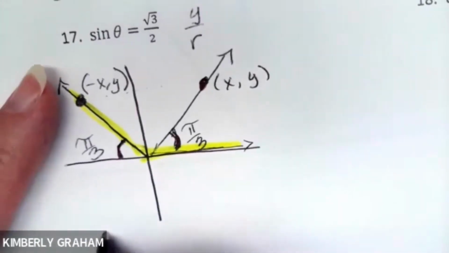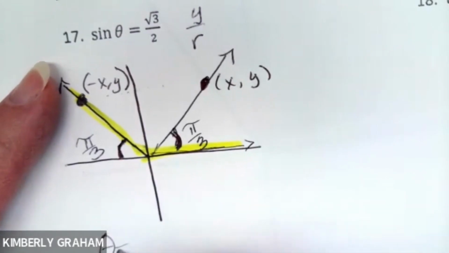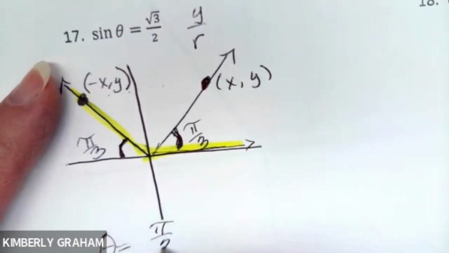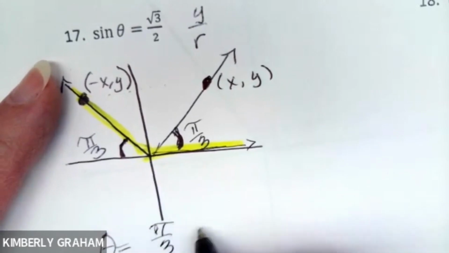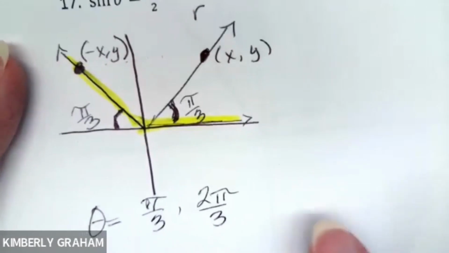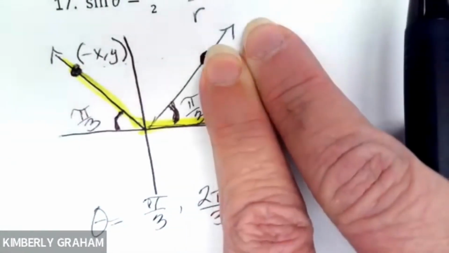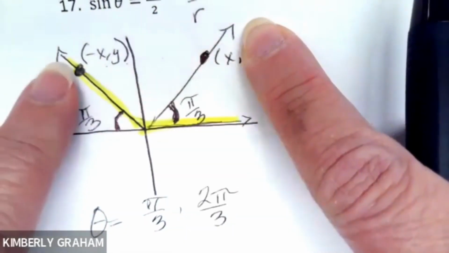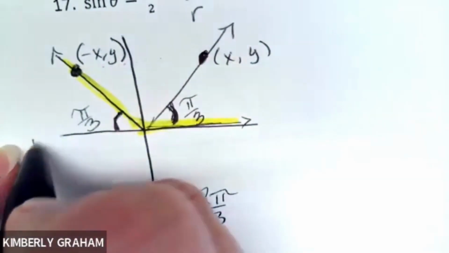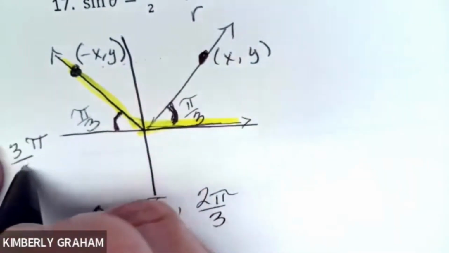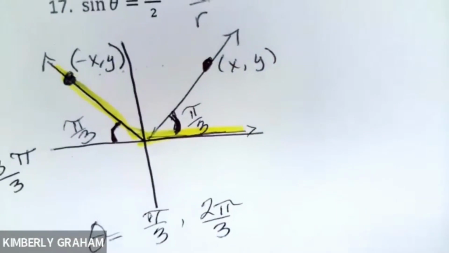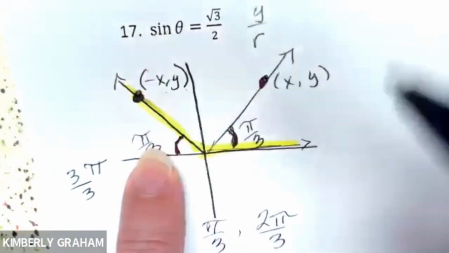So theta could be equal to pi over 3, or it could be equal to 2 pi over 3. This is 1 pi, 2 pi, and 180 degrees would be 3/3 pi. So this is 1 pi less than that, so this angle would be 2 pi over 3.